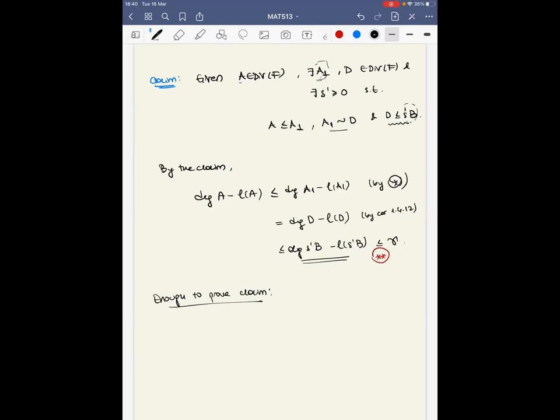And for this purpose, for any given divisor A, let me mention that we can choose a positive divisor which is large enough with respect to partial order.